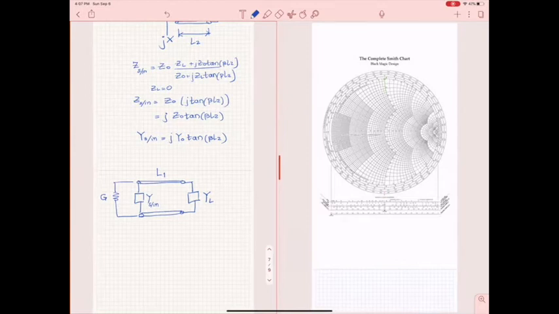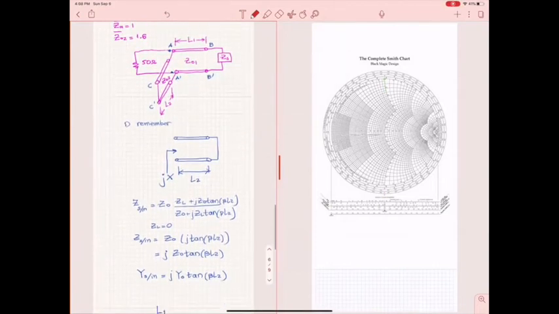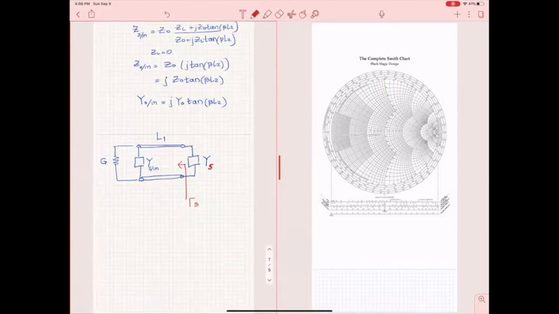Now, to be able to achieve the same goal as before, and then show that here I have this gamma S, because here practically this is the inverse of ZS, all right? Yes. Okay, and you remember that this is the same ZS without the stub, and this is the stub, okay.